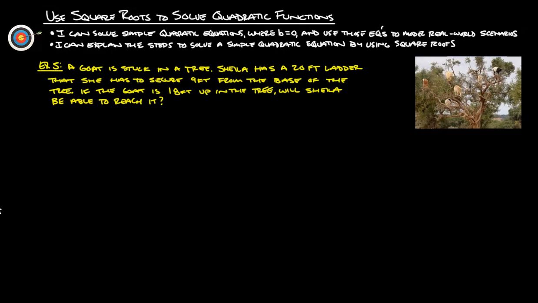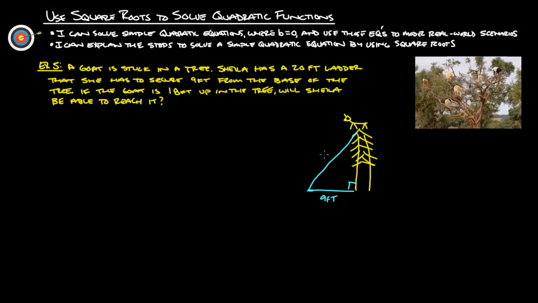So here's our tree with the goat at the top, and Sheila's got a ladder, and we know it's got to be 9 feet from the base of the tree, and we have to see how far up that ladder is going to reach, right? It should be at a 90-degree angle as long as the tree's growing up straight.